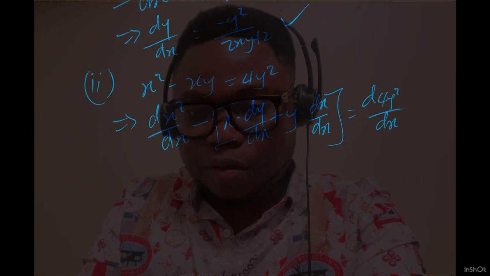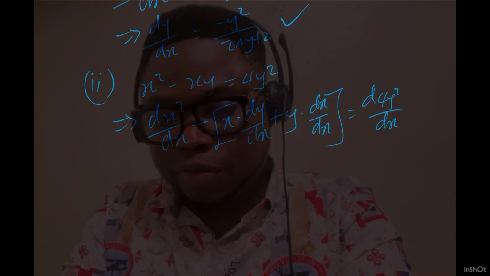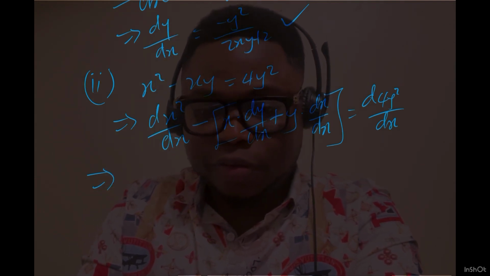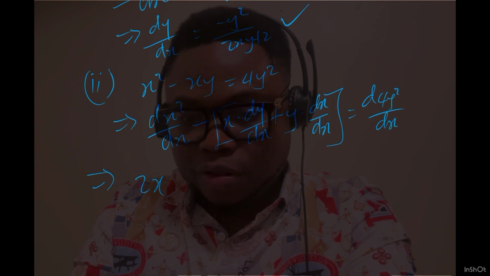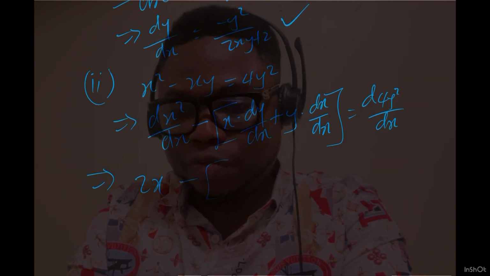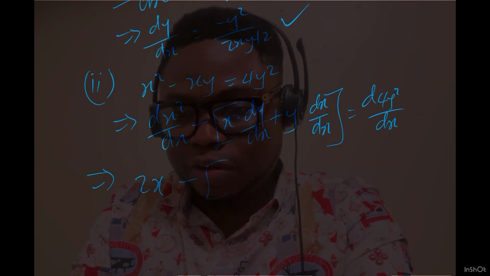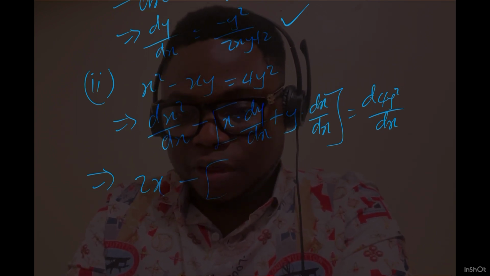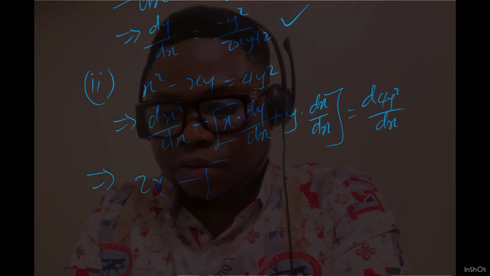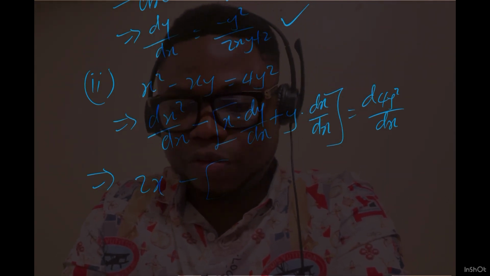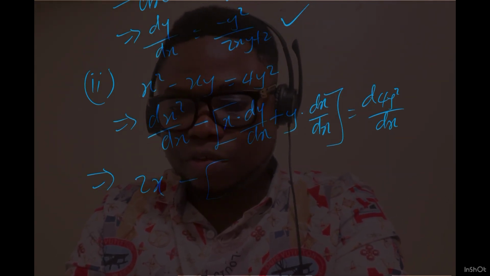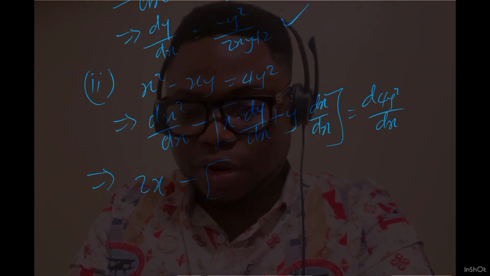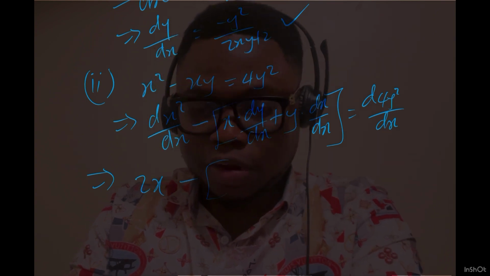So now this is the same thing as, differentiating x squared is going to give me 2x minus, then put bracket. I put bracket because of this minus sign, because I'm going to add these two terms. That is x dy over dx plus y dx over dx. So the essence of using parentheses is for the minus outside the bracket to affect the plus inside the bracket.